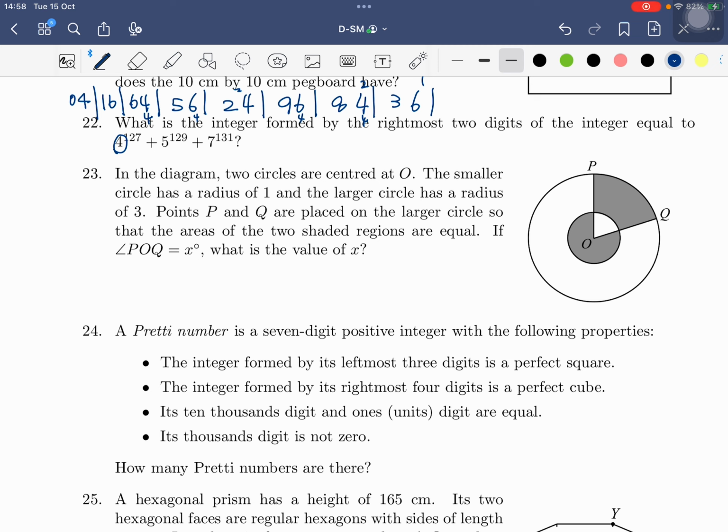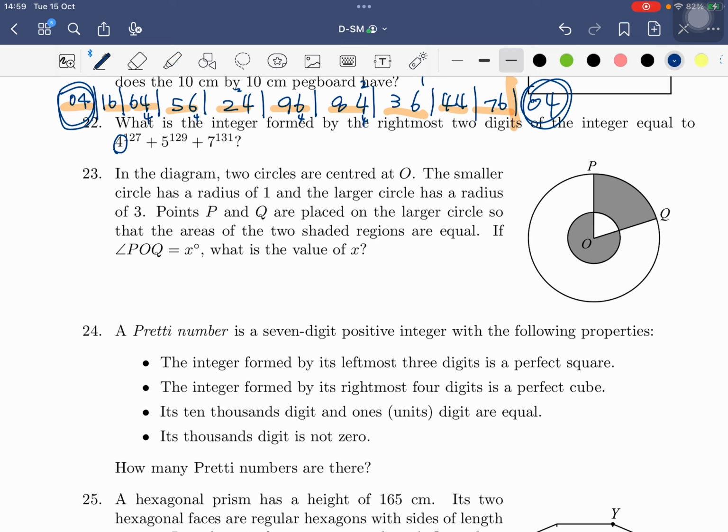So 4, 16, 64, 56, 24, 96, 84, 36, 44, 76, 04. Finally, we have 04. So now this pattern repeats within 1, 2, 3, 4, 5, 6, 7, 8, 9, 10. So every 10 has its own pattern.